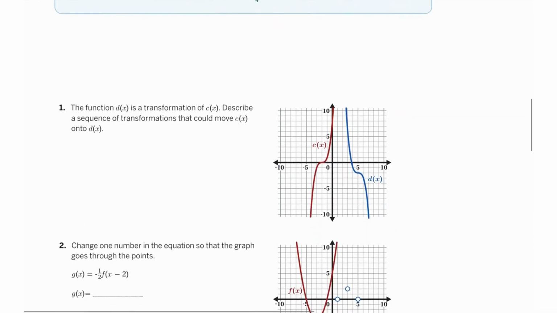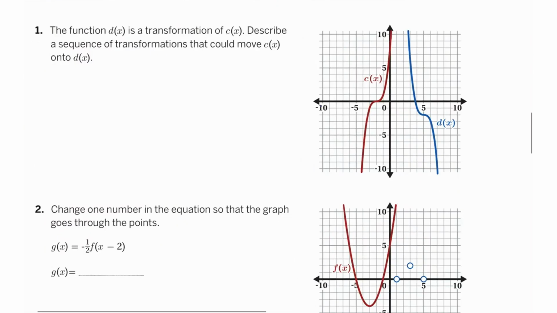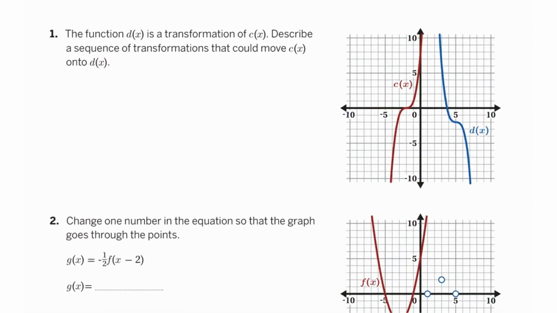So for number 1, it says the function d of x is a transformation of c of x. Describe a sequence of transformations that could move c of x onto d of x. Now, there's a very specific order I'm going to do these in, and as we get more practice with these, it will make more sense. But I'm going to be doing the left and right movement first in this case.